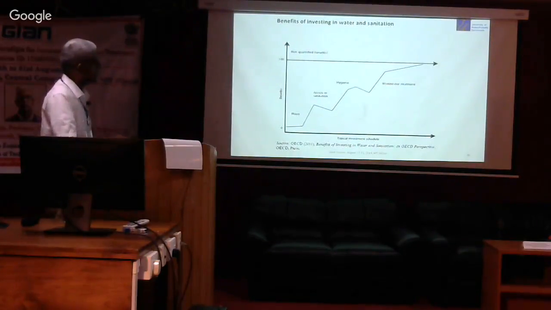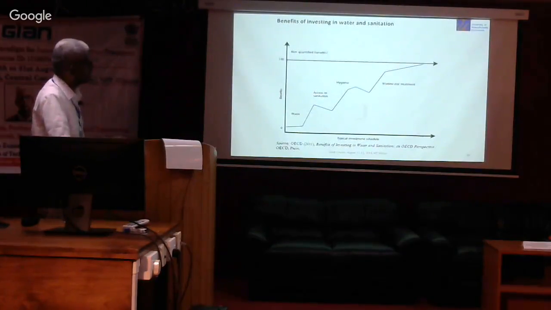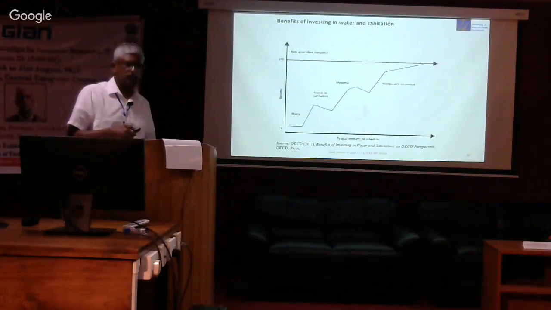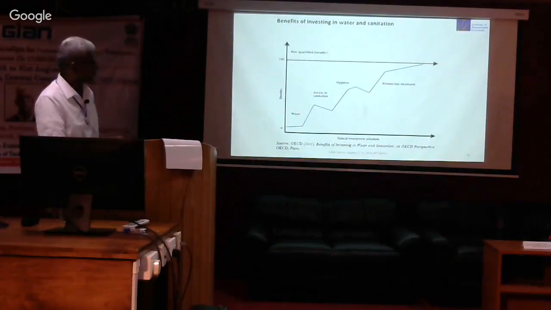Benefits are not quantified. But the idea that this OECD graph is trying to tell you is that as you go higher up in terms of these benefits, of course, you need more investment, that is a no-brainer. But the society reaches the more advanced level. That's what this is trying to say.